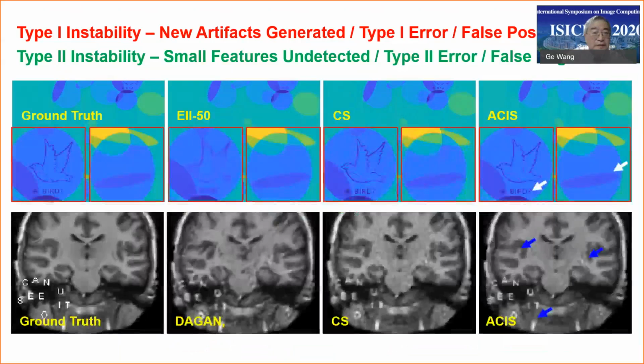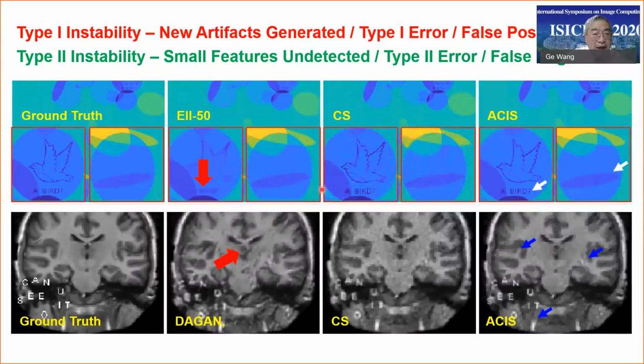So let me just show you what we got. The first type of instability is new artifacts generated by the neural network. This is type 1 error, also called false positive. You see, this is the first type of instability. The second one is false negative. Pay attention to the red arrow.